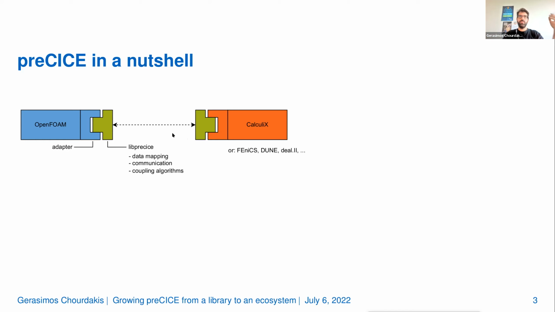So this can run efficiently from a laptop to a supercomputer with MPI. And in addition, this library will make sure that we iterate efficiently the two sides of the simulation until we converge to the same truth on the interface. This is something we call implicit coupling.